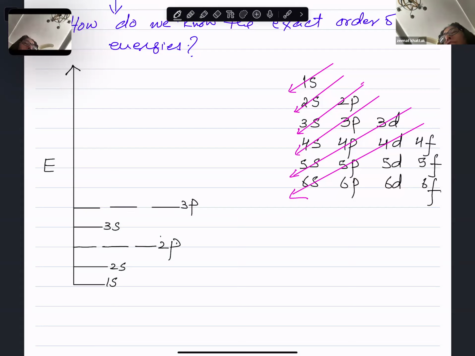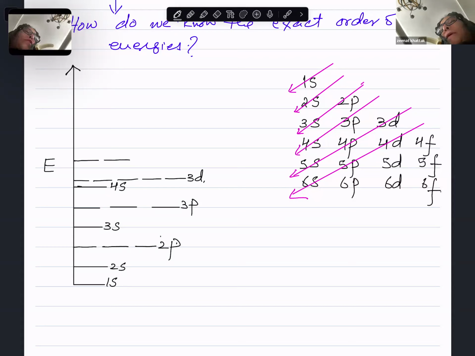And after 3s, 3p. After 3p, the next is what? 4s. After 4s, the next is what? 3d. And after 3d, the next is what? 4p. After 4p, the next is what? 5s.